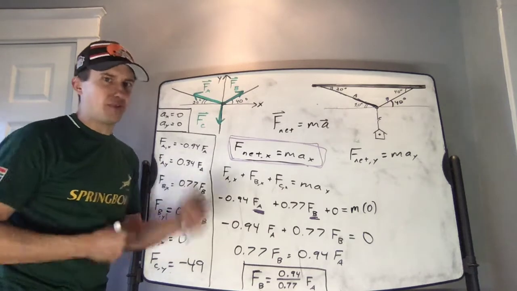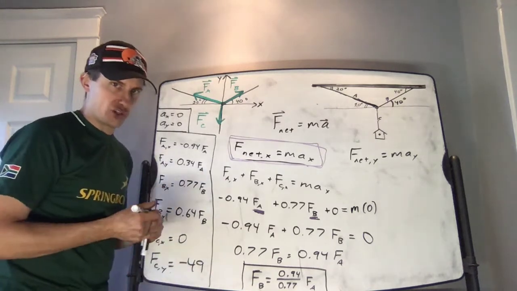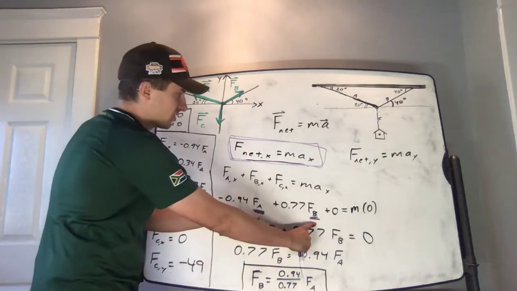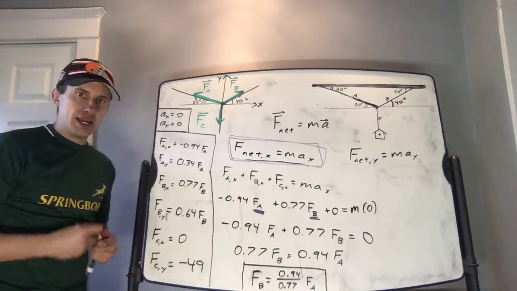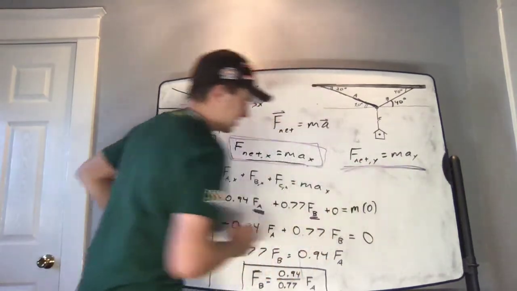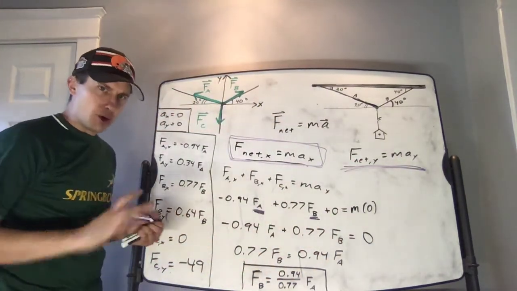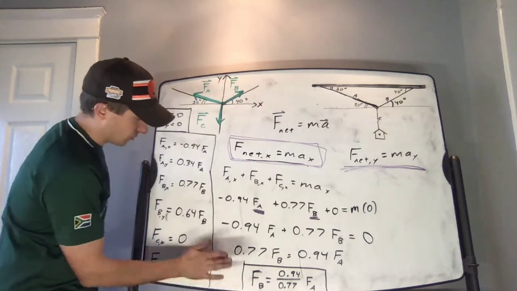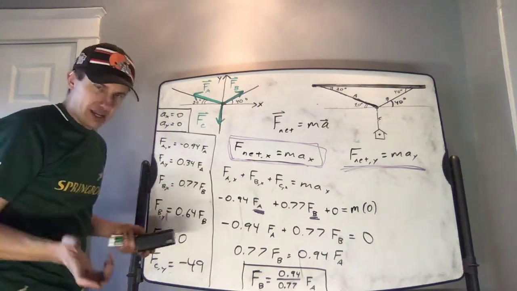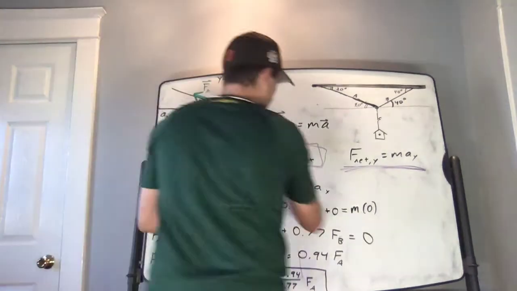But we could simplify it, make a relation between those 2 unknowns. If we really want to find the value of our 2 unknowns, we need a second equation. And that second equation is going to be F net Y equals MAY. So for the moment, I'm going to erase this. I'm going to write this somewhere else up here on the board. And then we'll begin solving F net Y equals MAY.